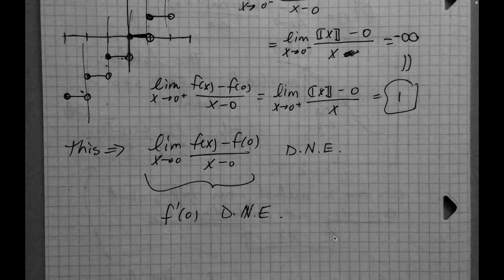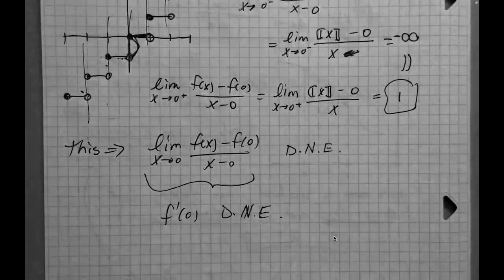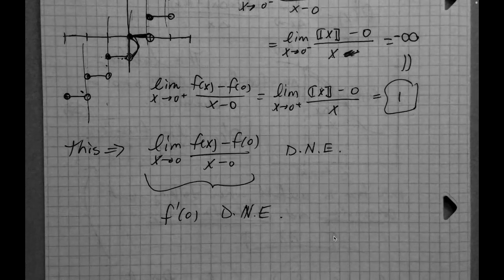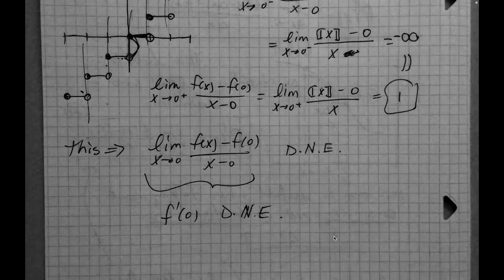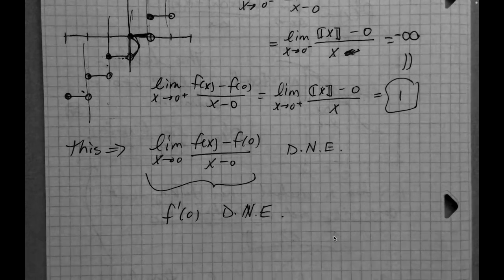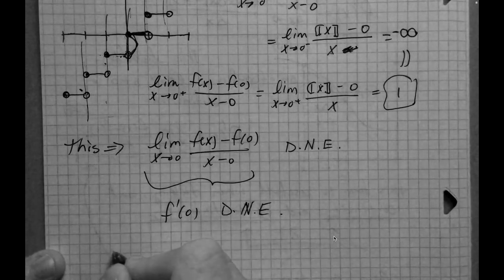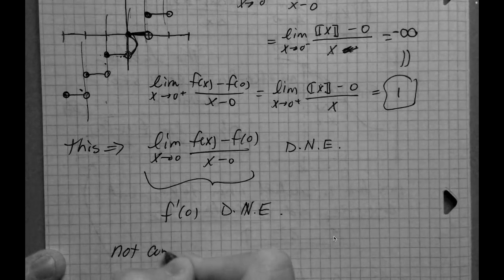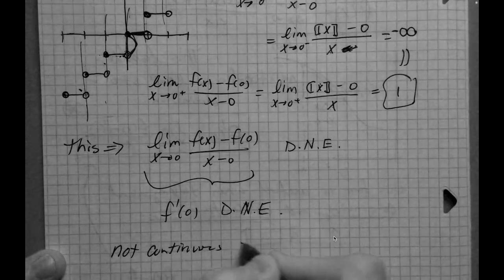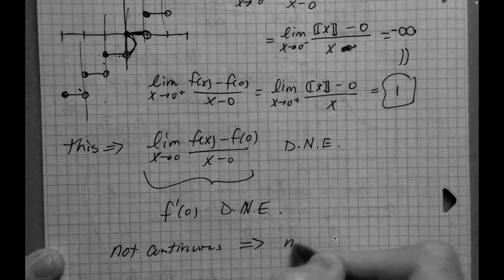In this case, the function is not continuous at x equals 0, hence the jump discontinuity there. And so we can see that it is also not differentiable. It is not differentiable because it is not continuous. So what we've just seen is that not continuous in this case implied not differentiable.